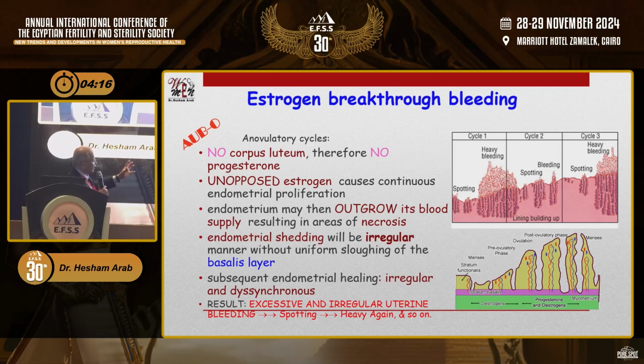According to the amount of growth of cells, this is reflected in the amount of bleeding this woman has, either spotting or heavy bleeding, and this is really illustrated that way.